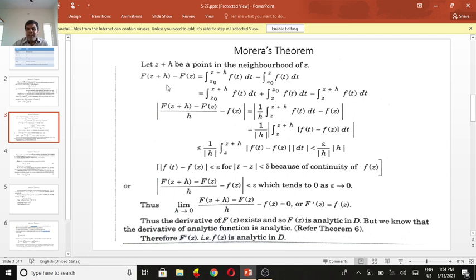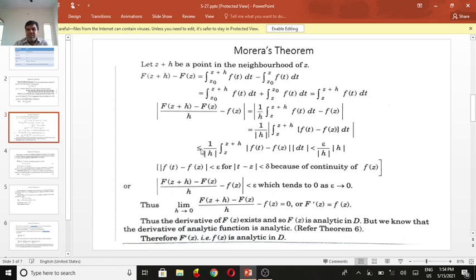Now if we take absolute values, F(z+h) minus F(z) divided by h, minus f(z), equals 1 by h times the integral from z to z+h of f(t) dt minus f(z). Taking the constant 1 over mod h outside, we get the integral from z to z+h of f(t) minus f(z) dt.